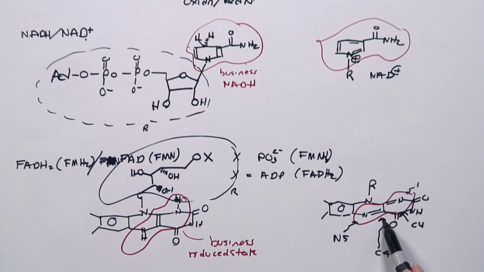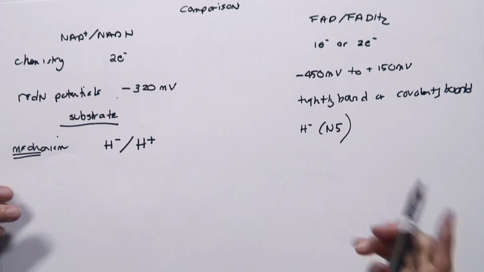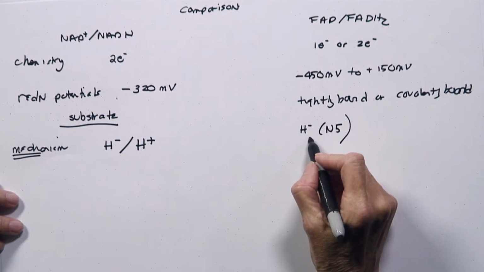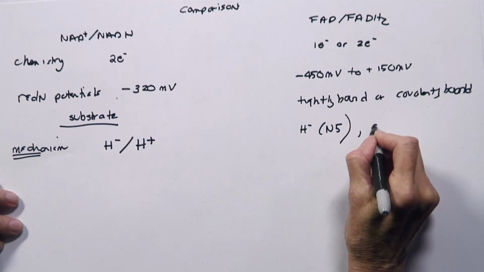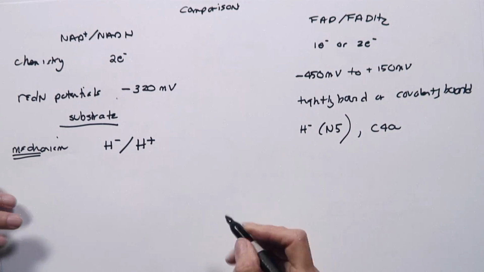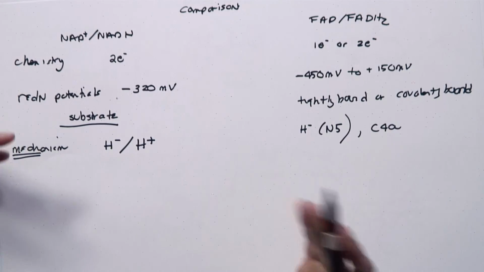I also pointed out you can do C4A chemistry, which is in your lexicon, but we're not going to discuss further today. So you can do N5 chemistry by hydride transfer, and you can also do C4A chemistry, which you will see later on when you start talking about primary metabolic pathways.